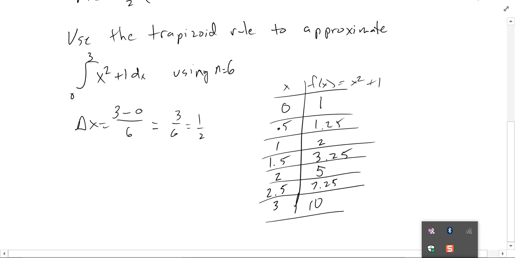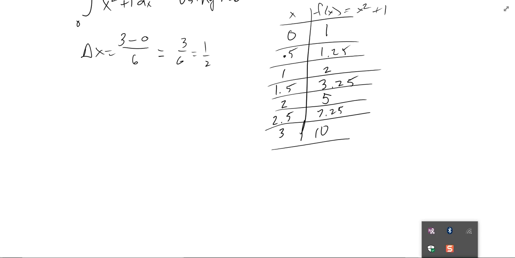And there they are. So for the trapezoid rule, I'm going to take delta x over 2, so 1/2 divided by 2.